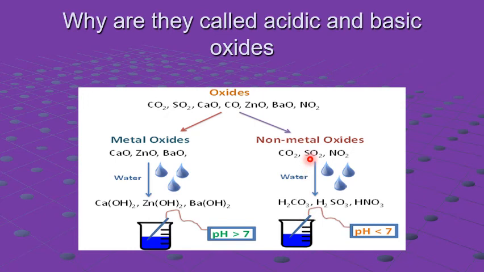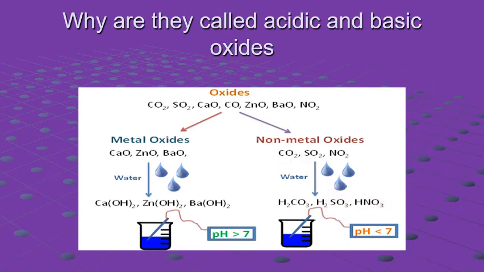Also pay attention to the sulfurous acid and the nitric acid, because these two are the problem we face called acid rain. Sulfur dioxide and nitrogen dioxide, when they combine with water, give us H2SO3 and HNO3, which is called acid rain.